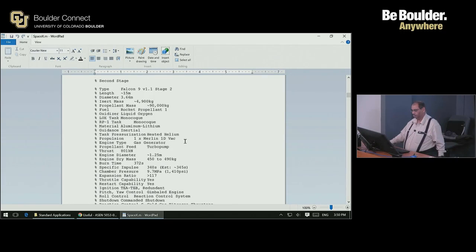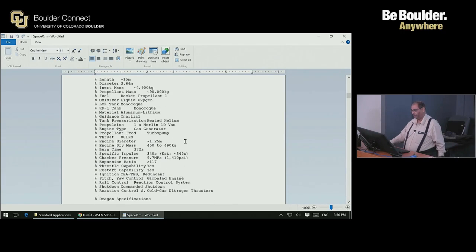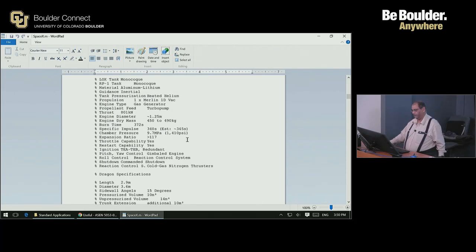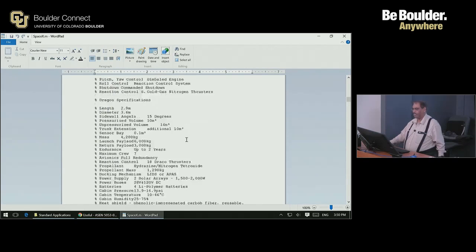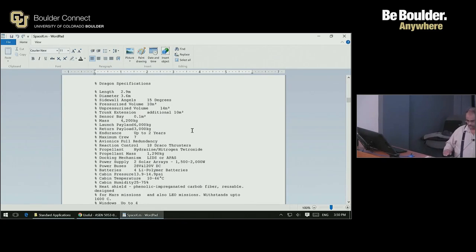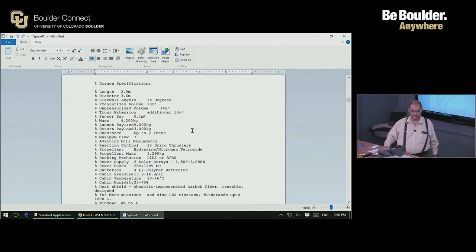Nothing special there. The second stage usually operates in vacuum, so vacuum specific impulse is important. Then what it carries, in this case, Dragon specifications. Falcon 9 is used for launching cargo to the International Space Station, so it is carried in the Dragon spacecraft.